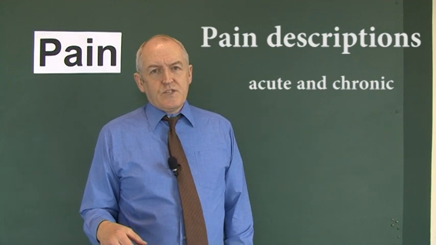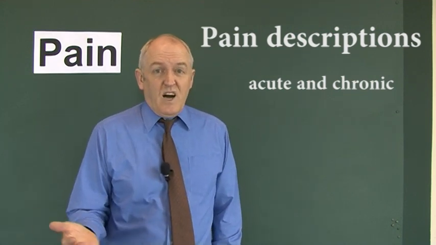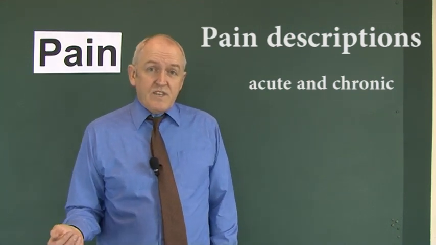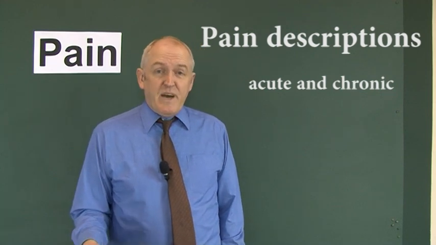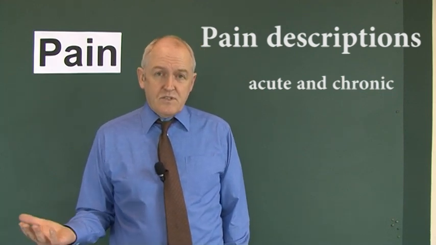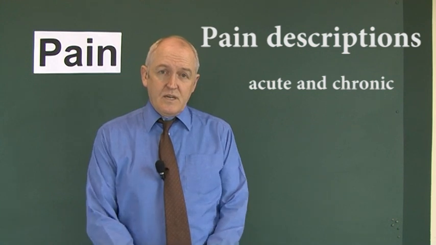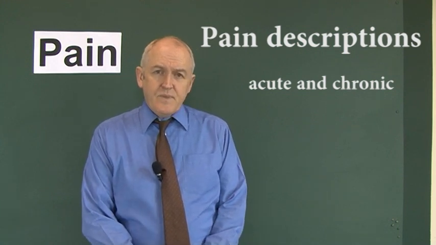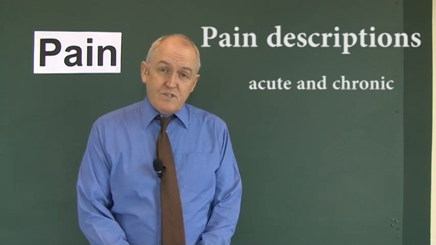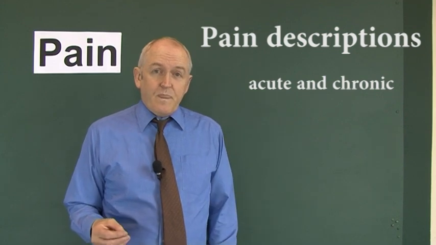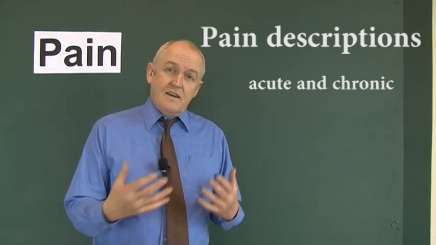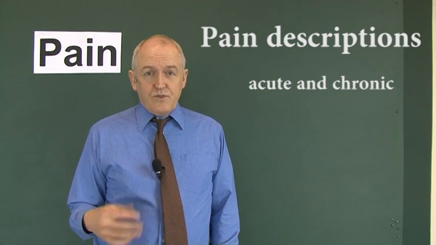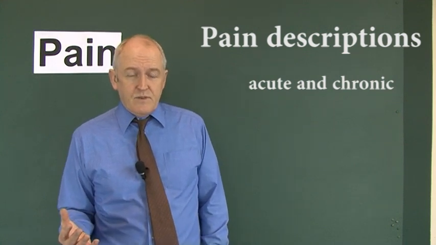And what we do here is we just make up a completely arbitrary period of time, and we say that a chronic pain is a pain which has been there for more than 3 months. It's a fairly arbitrary distinction, but it's what we normally say. So an acute pain is in response to tissue injury or some pathological process affecting the tissues, whereas a chronic pain is present for more than 3 months.